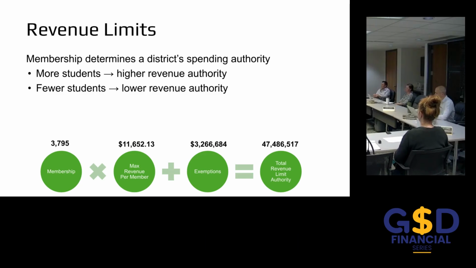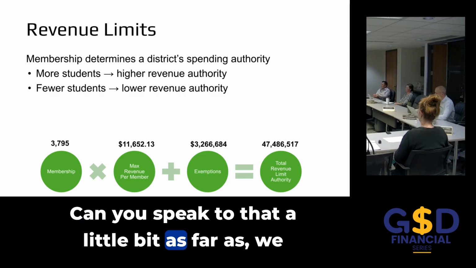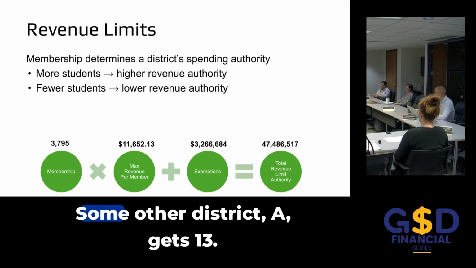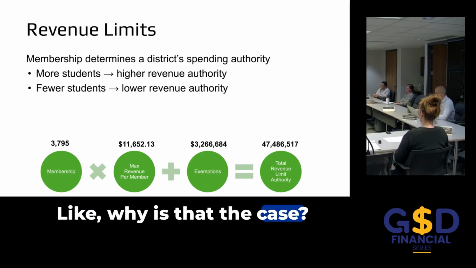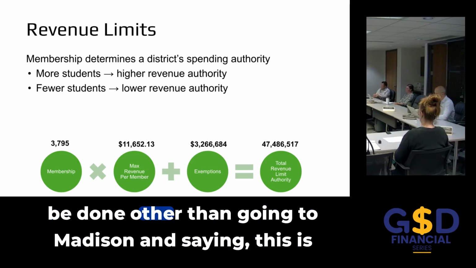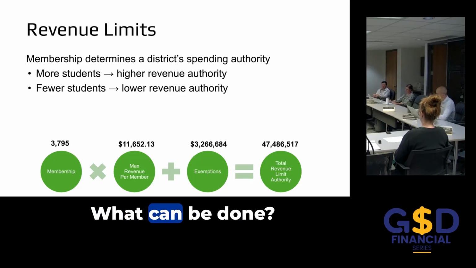So can you speak to that a little bit? We get, call it 11.5, some other district A gets 13. Why is that the case? And in your opinion, is there anything that can be done other than going to Madison and saying, this is ridiculous? What can be done?